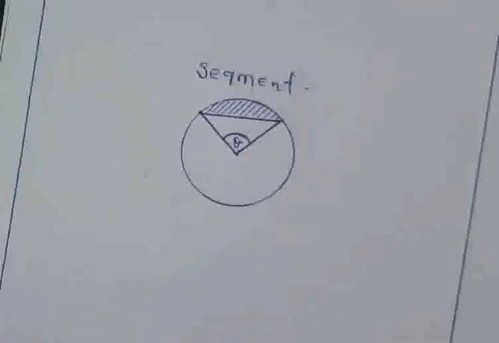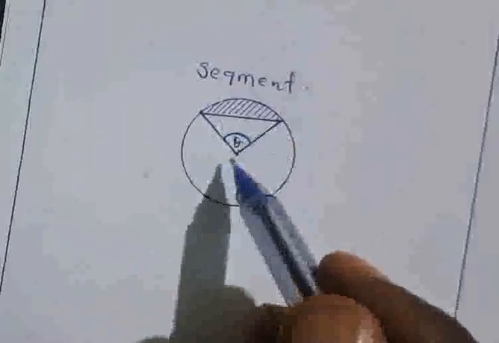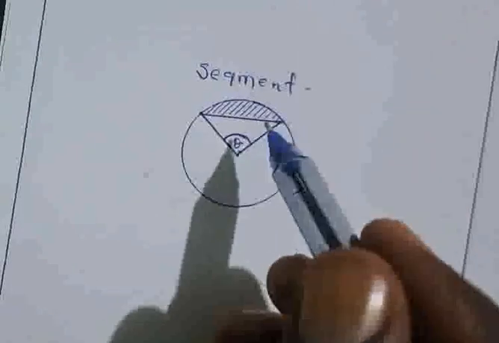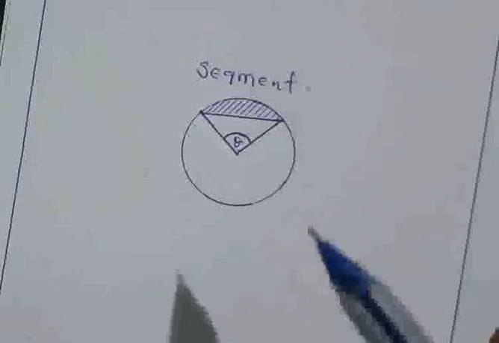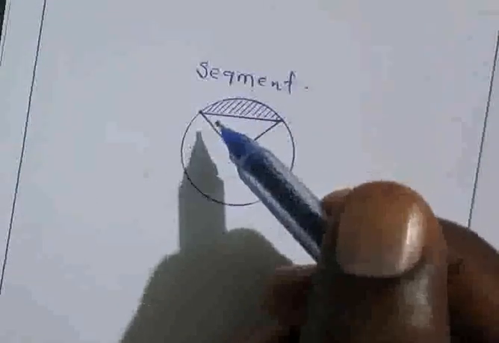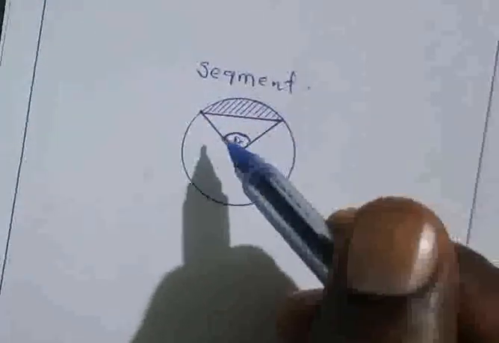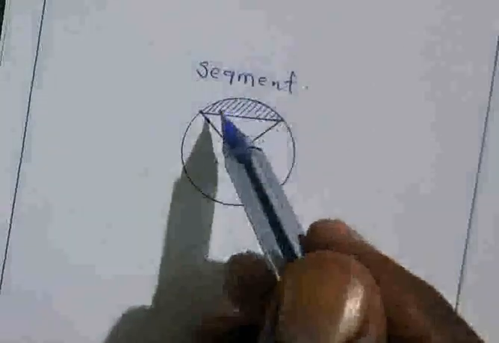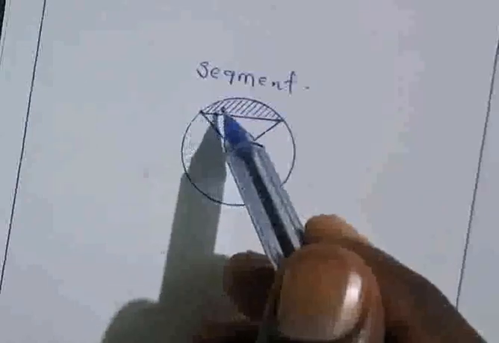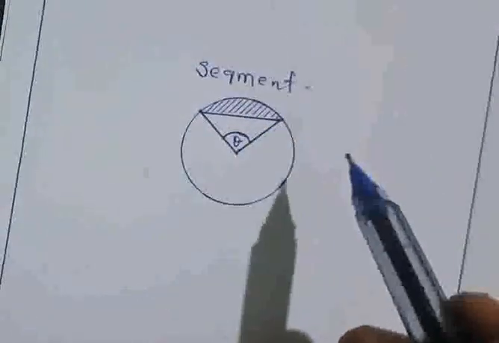Now on this one, there's no sector there. After making a triangle, we have a segment. We have the upper part that will be straight down and then curved upwards when you look at it on top. So this is the part that I'm talking about, which is the segment.